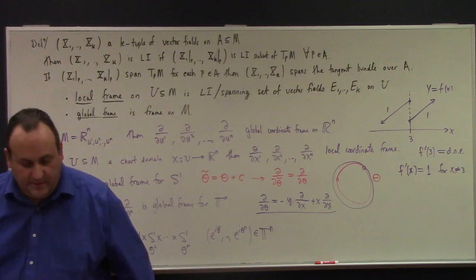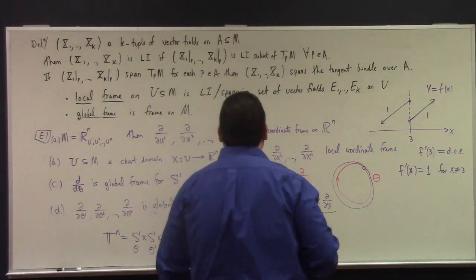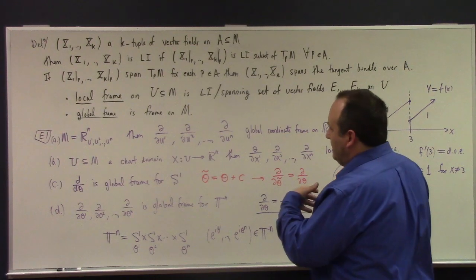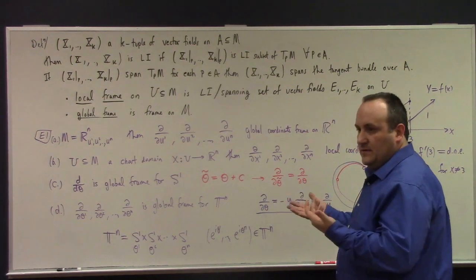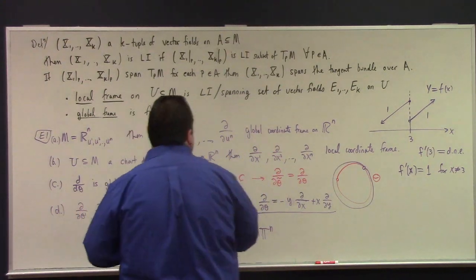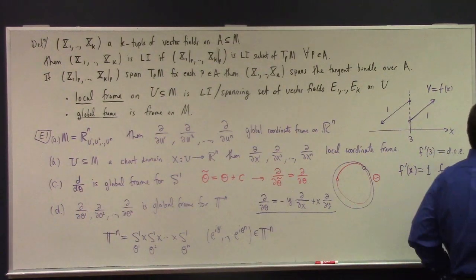You can also talk about what do you think it would mean if we said that the frame was orthonormal? What would it mean for a frame to be orthonormal? Vectors are length 1, right?